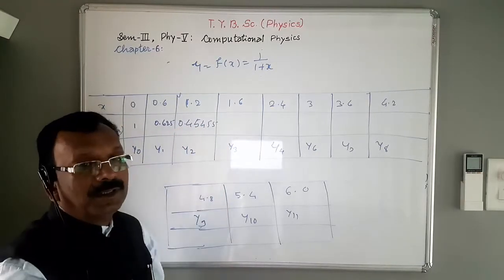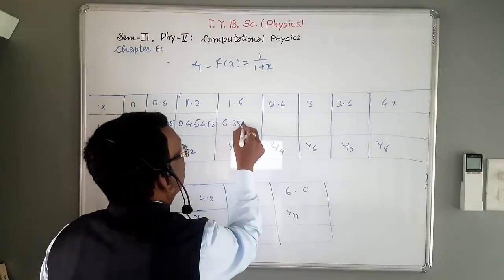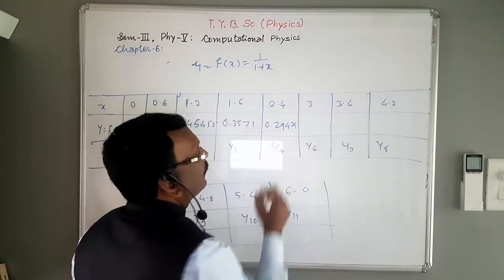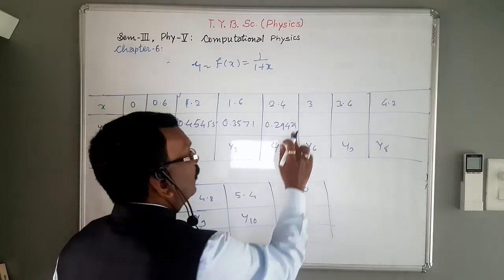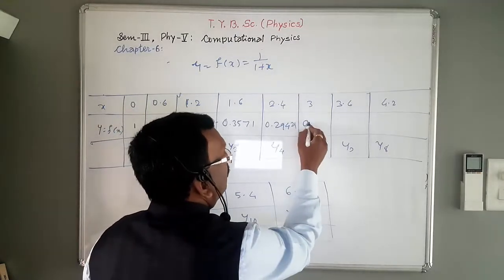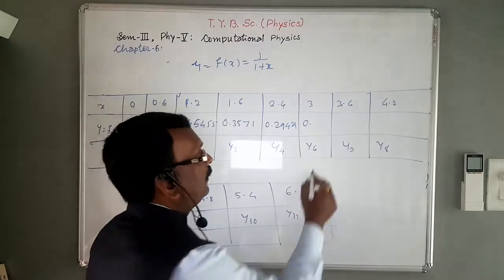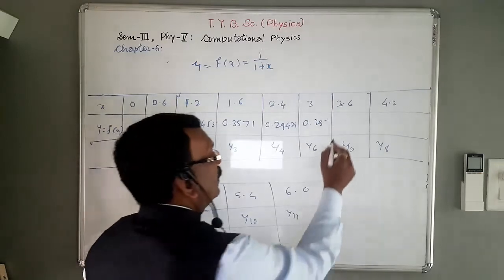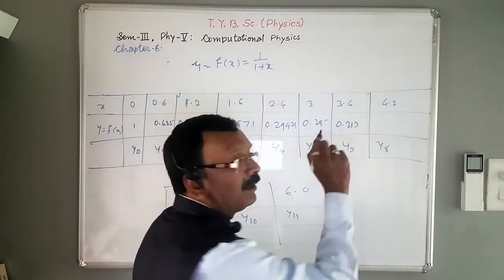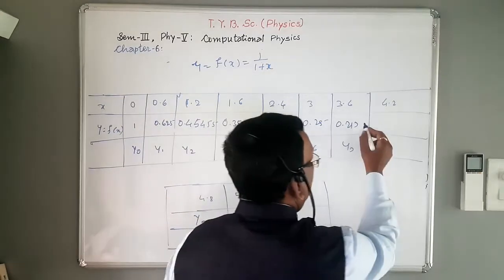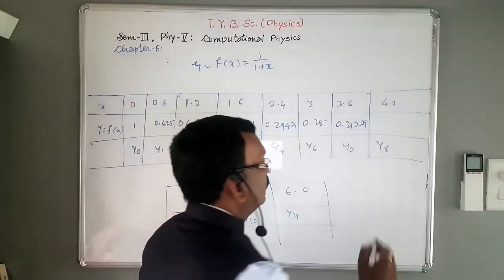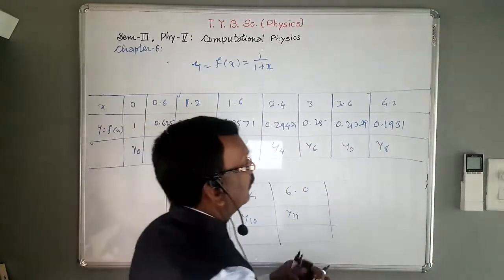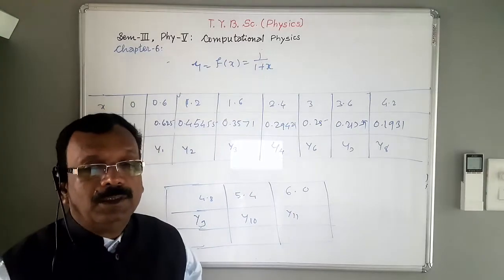0.45455. Then the next one, 0.3571. Then for 2.4, 0.29421. Then 0.25 for 3. Then for 3.6, 0.21739.